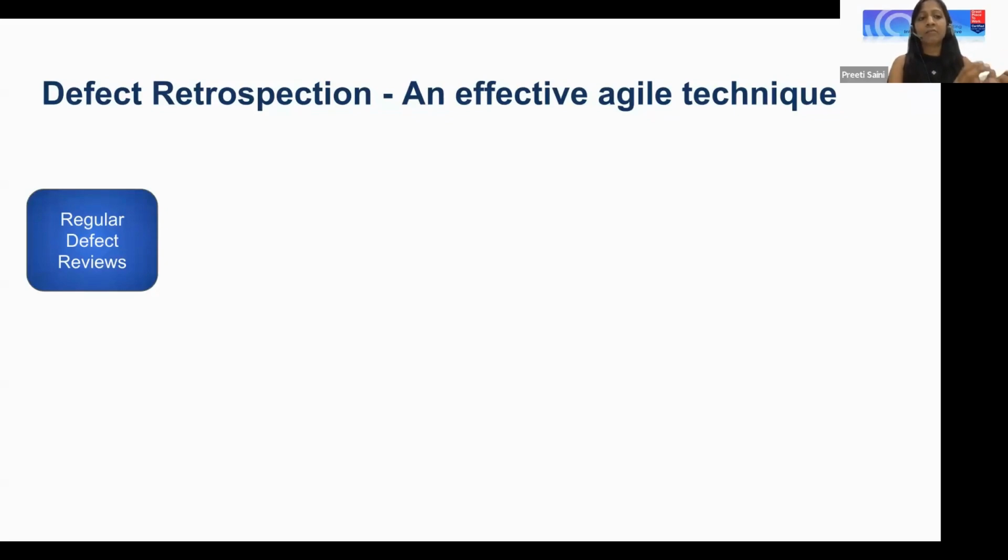That will help you identify what further improvements are needed, and how effective the testing layers and the tests you have added for each layer have been to identify a defect before it slips to the next stage. So these regular defect reviews are very important here.